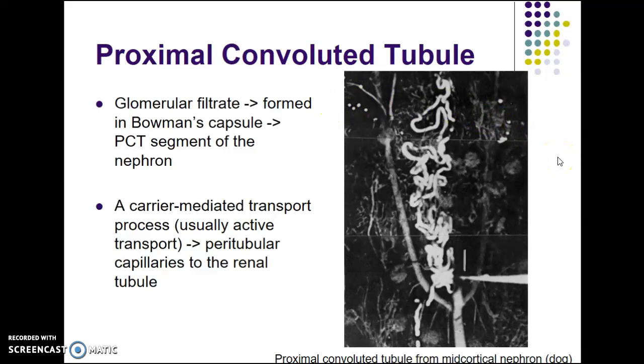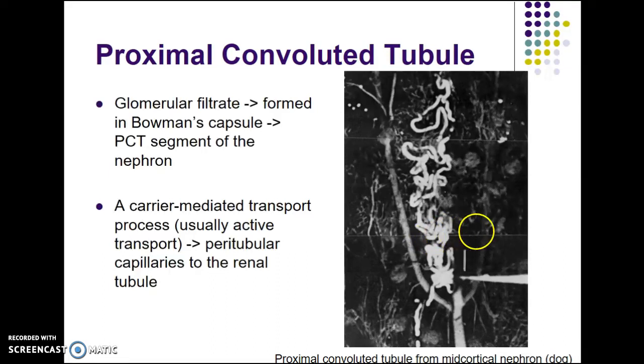So in the proximal convoluted tubule, sometimes for some drugs, we have carrier-mediated transport molecules. Remember, the blood vessels are in close proximity to the proximal convoluted tubule, and so these carrier active transport systems, if they have a great affinity towards even protein-bound drugs, may bring them across into the proximal convoluted tubule from those blood vessels surrounding them.